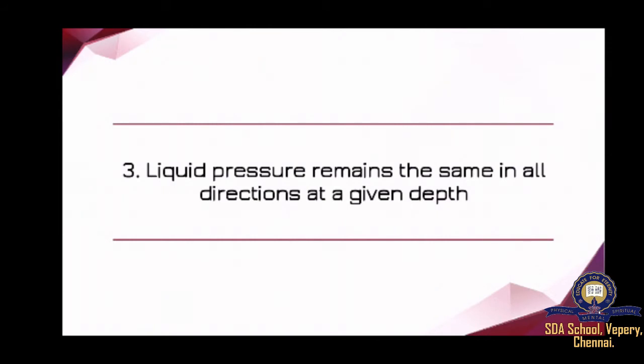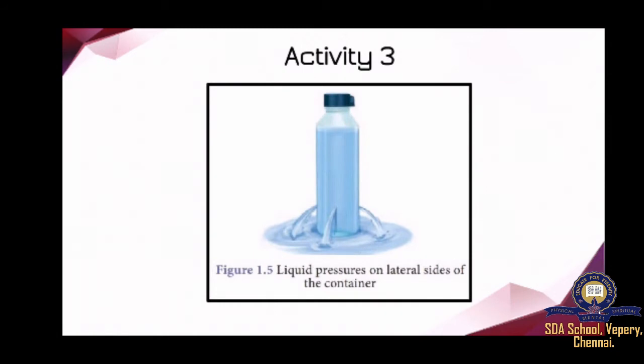Now, we will explore the third characteristic. What is that? Liquid pressure remains the same in all directions at a given depth. Yes, we are going to see a third activity to learn about this.